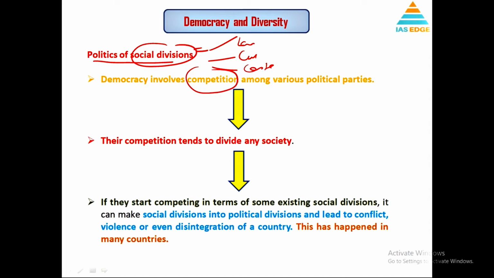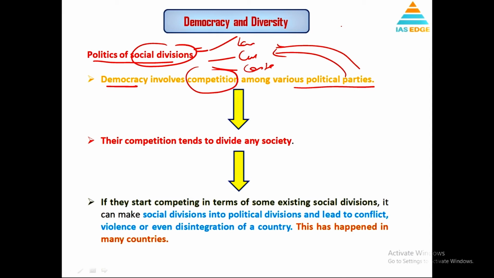In fact, you are given a ticket based on those lines. In a constituency, if a certain cultural group is larger, the chances of a person getting a ticket from a political party will be higher from that cultural group, because people tend to identify with the divisions we have.